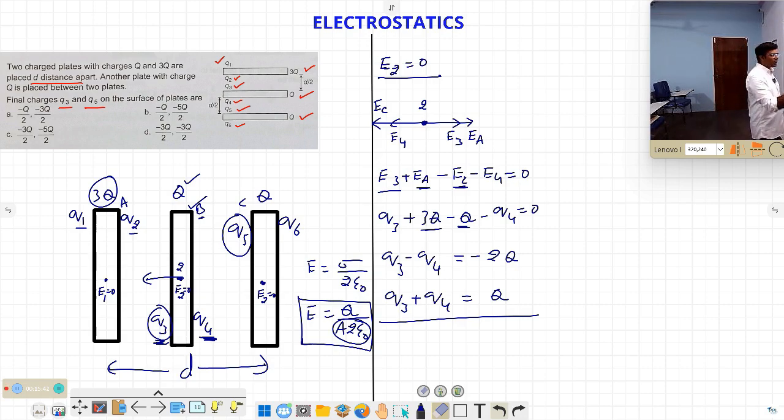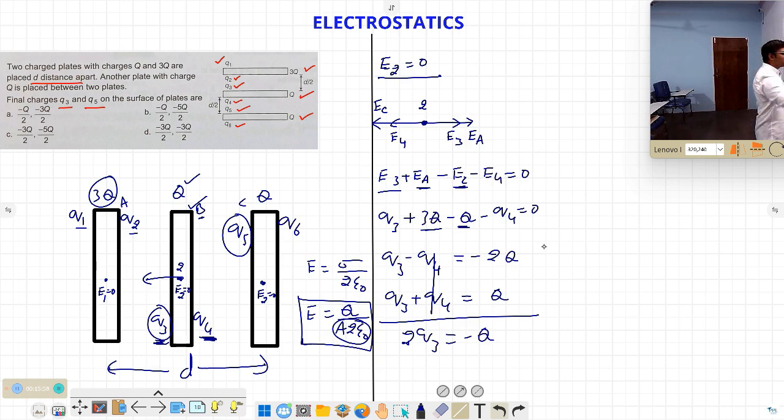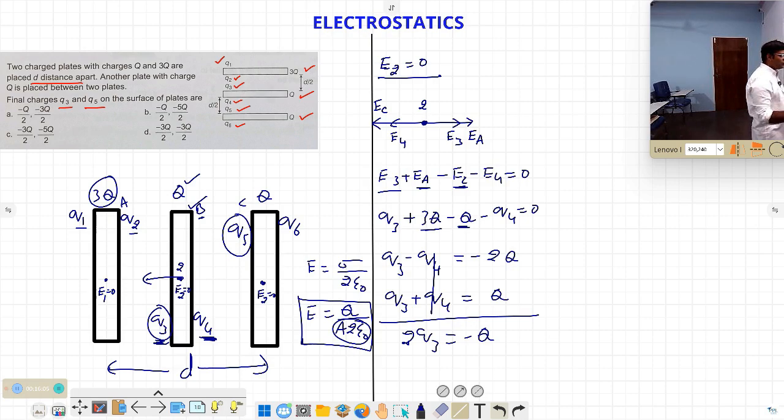Now solve these two to get the value of Q3. Directly add them. So Q4 gets cancelled. This becomes 2Q3 is equal to minus 2Q minus Q, that becomes minus Q. If you solve this, what are you going to get?